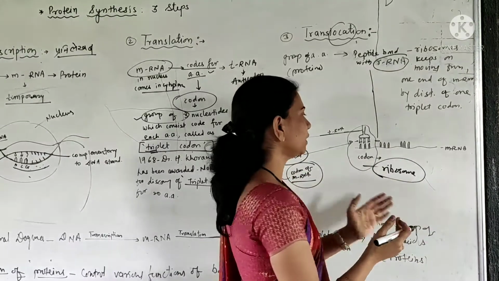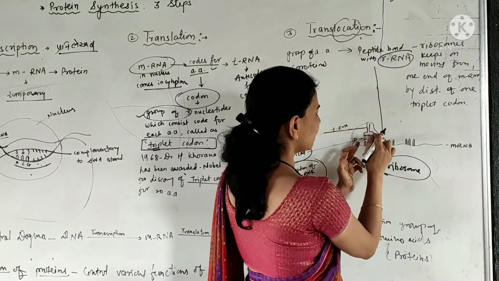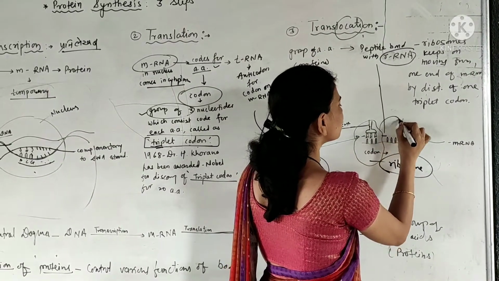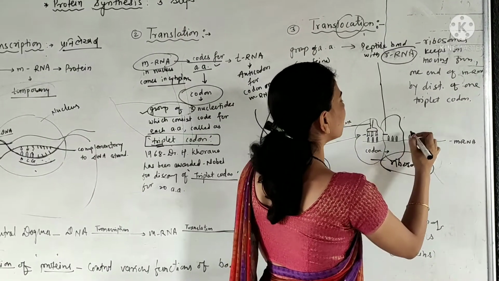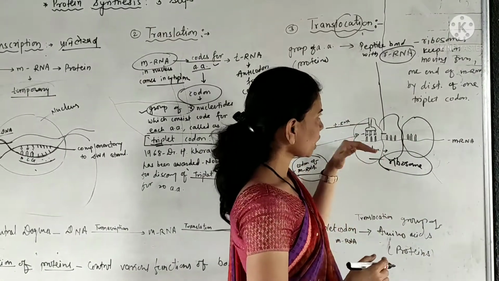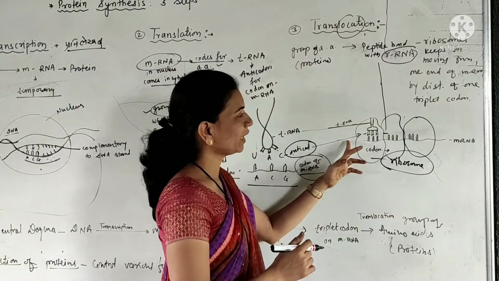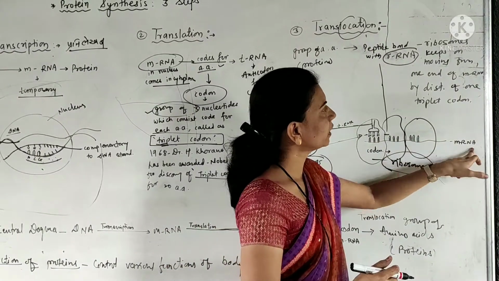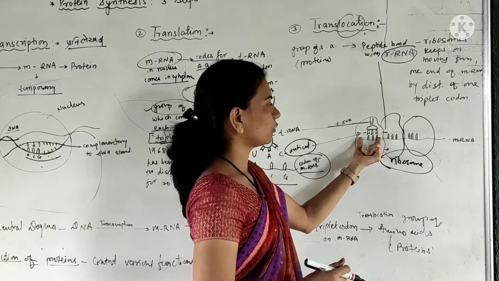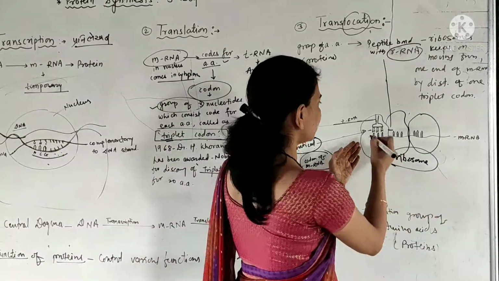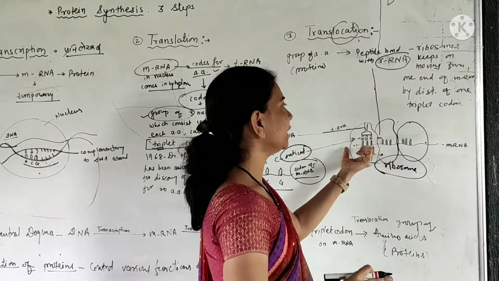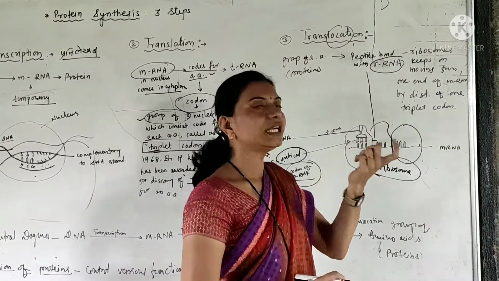Then next, what happened? When the tRNA carried the anticodon to this codon, then the ribosome moves towards the next codon. Again, the ribosome moves to the next codon. Means moving of the ribosome from one end of the mRNA to the other end by a distance of one triplet codon. किती पुढे जातात ते असं आहे का डायरेक्ट इथून चला 9 कोडॉननी पुढे जाणार, तर only distance by one triplet codon.